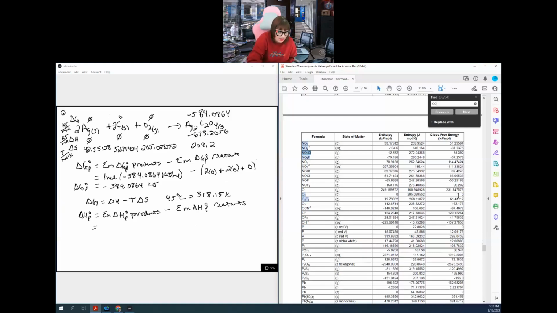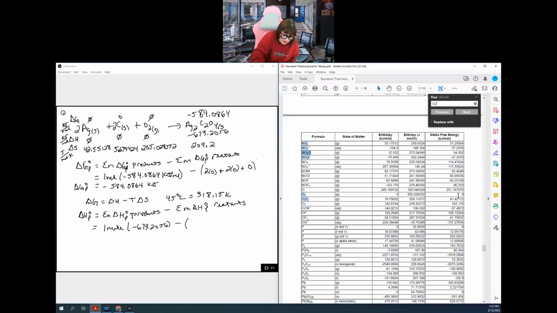Okay. So again, looking at my delta H line, the only thing that has a value is that product. So I have 1 mole of product and multiply that by the negative 673.2056.